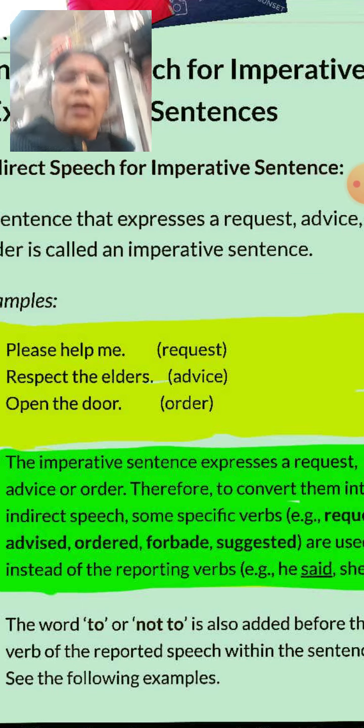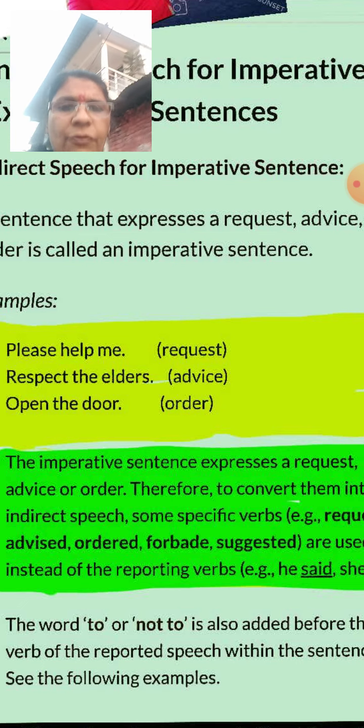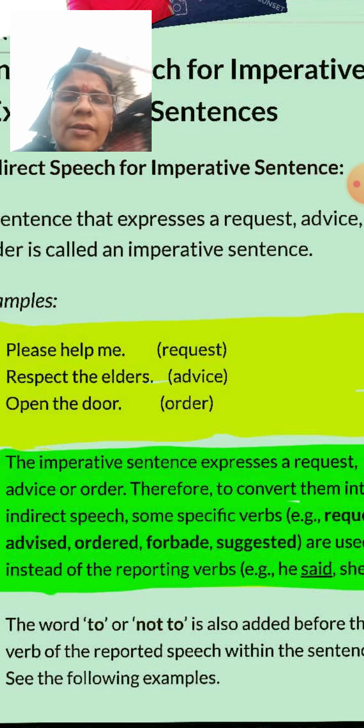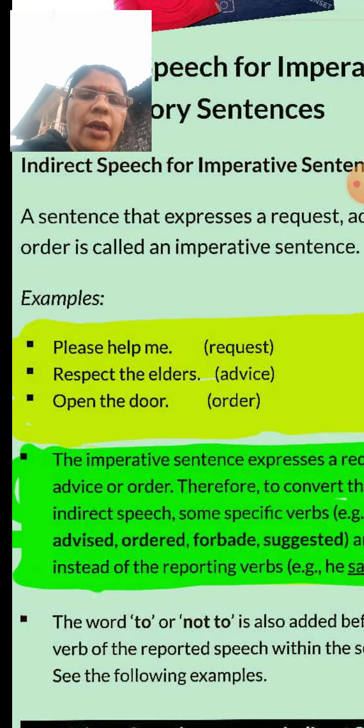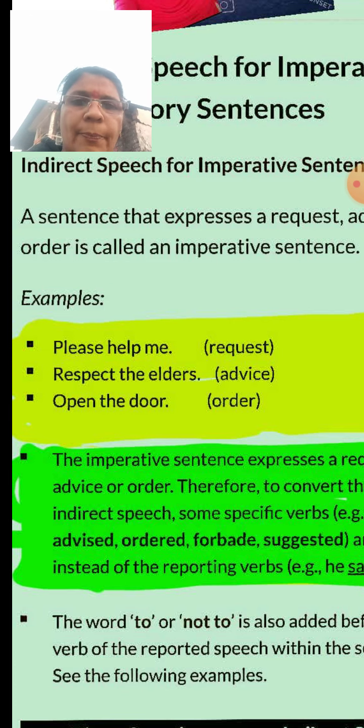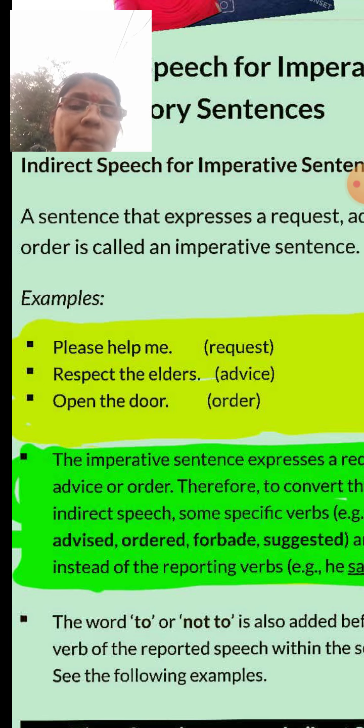Today I explain indirect speech of imperative sentences. A sentence that expresses a request, advice or order is called an imperative sentence. For example, please help me. This is a request.